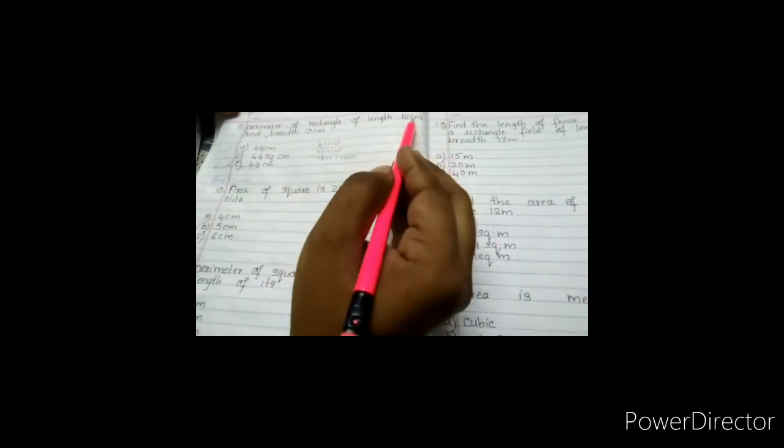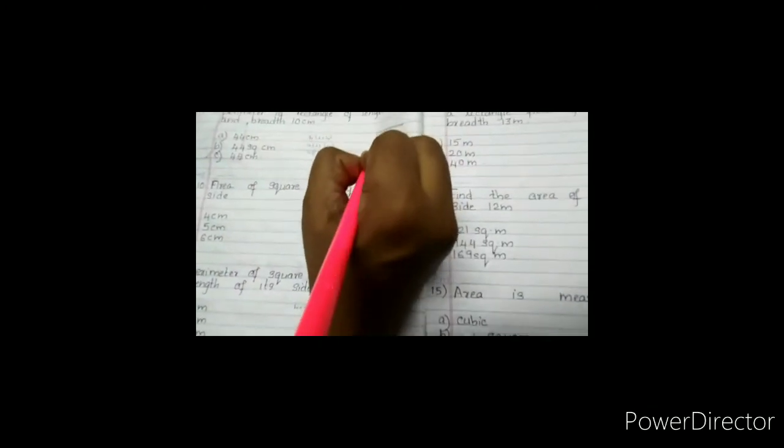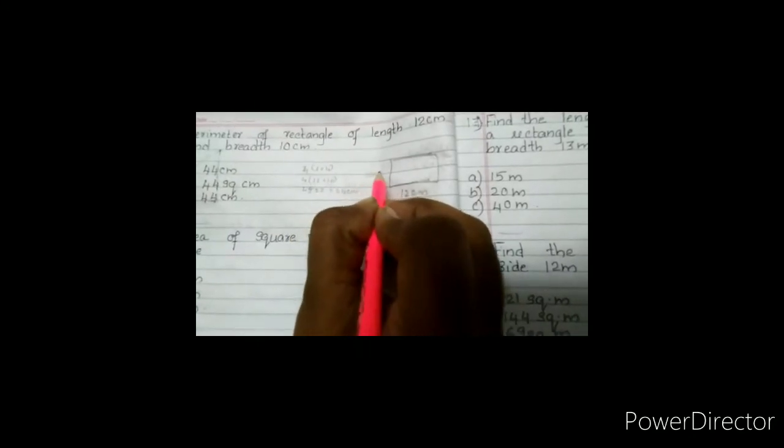The perimeter of a rectangle of length 12 centimeter and breadth 10 centimeter. This is a rectangle. Length 12 centimeter, breadth 10 centimeter. Opposite sides are equal, so we write 12 centimeter on this side and 10 centimeter on this side.